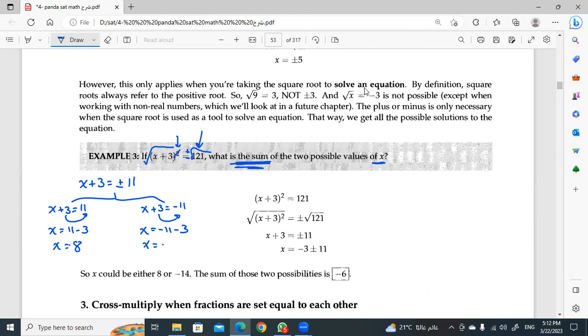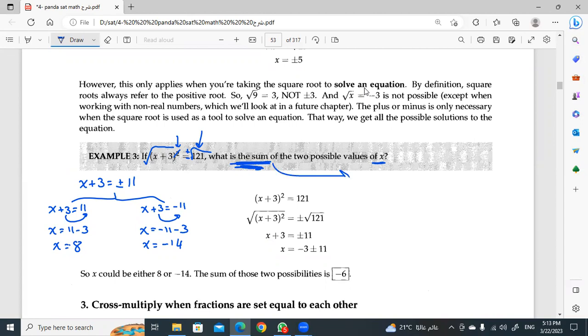Perfect. And after this, by the way, if this question comes to you as multiple choice, you will find that one solution, 8, may be in option A or B or C or D, and the other solution is negative 14, and I'm not searching for these, I'm searching for the sum of them.